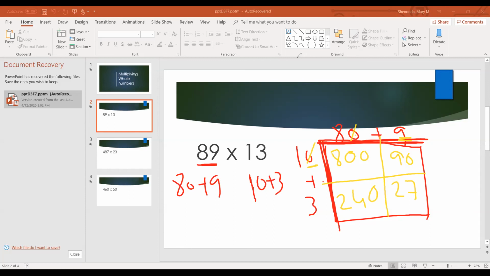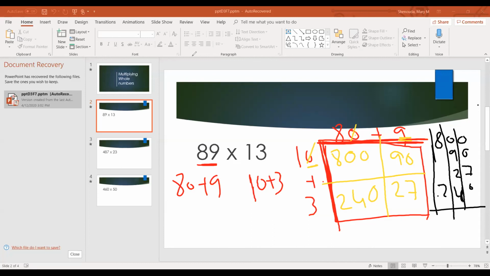The key when you add them is to make sure they align. You want to make sure the ones go under the ones, the tens go under the tens, and the hundreds go under the hundreds. All right.